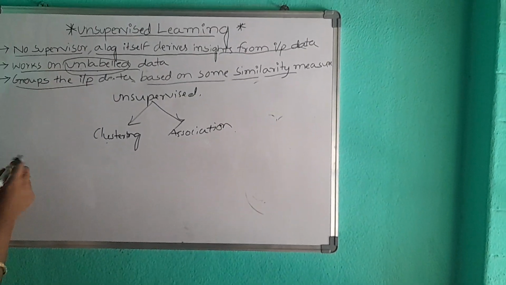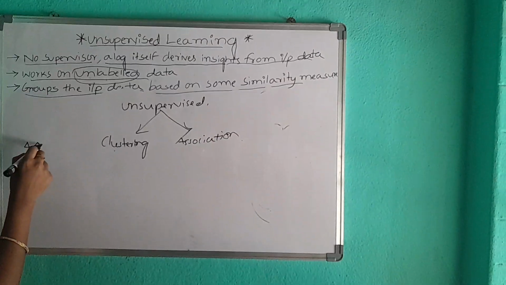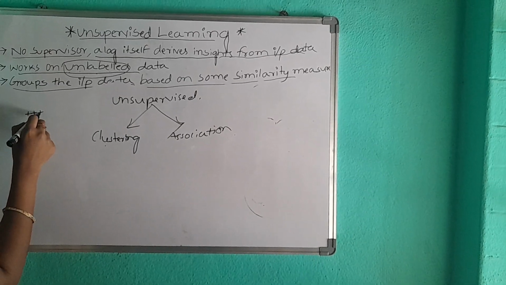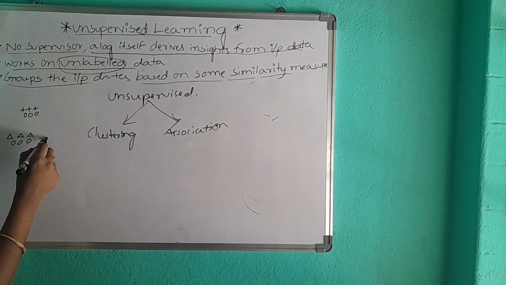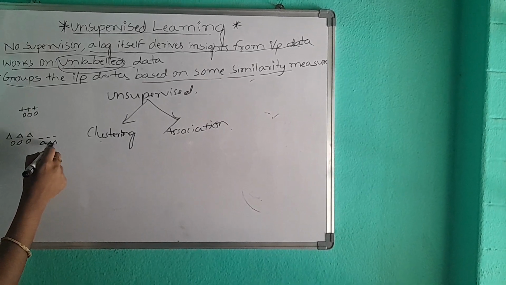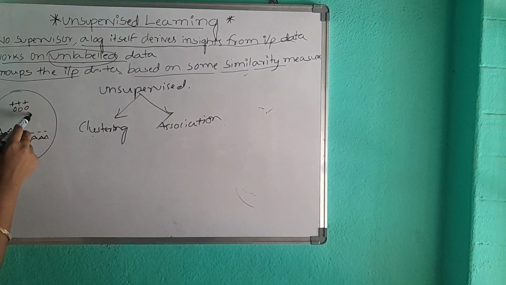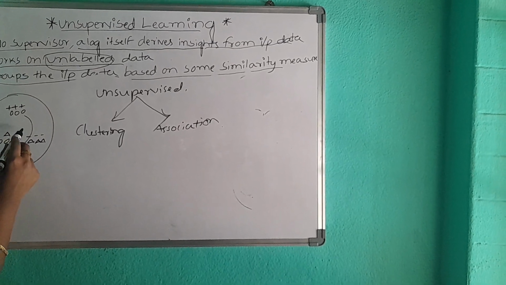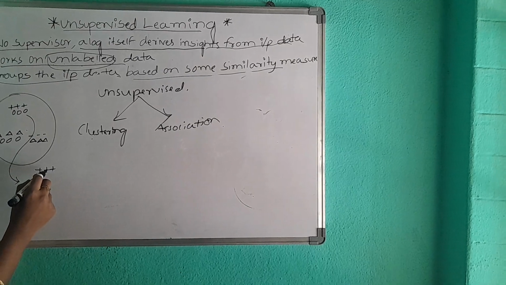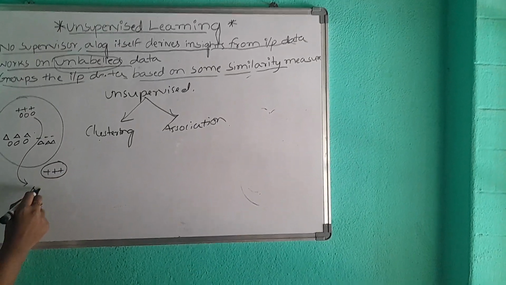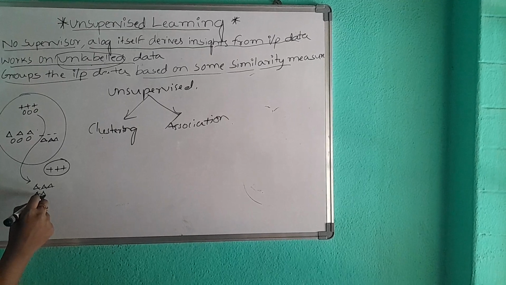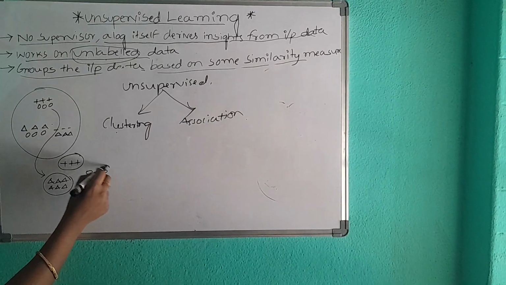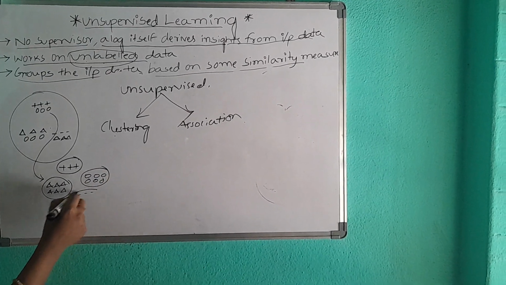In clustering, for example, there are various shapes. It groups the similar points into a group. For example, from this data, all pluses are put into one category, all triangles are put into another category, circles into another category, minus into another category.